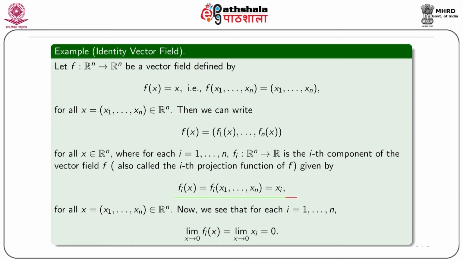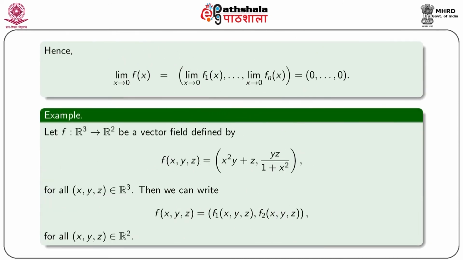Now, for each i equal to 1 to n, we find that the limit of f_i(x) as x approaches 0 equals the limit of x_i as x approaches the origin, that is, 0. Hence, the limit of f(x) as x approaches the origin equals the n-tuple of limits of f1(x) up to fn(x), and in every limit x approaches the origin. So, we have (0, 0, ..., 0), that is, the origin.